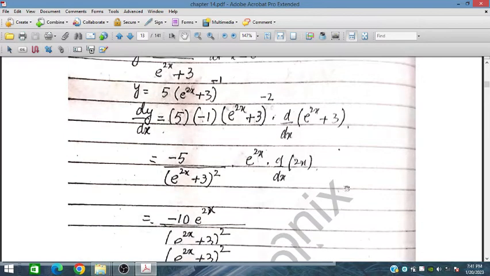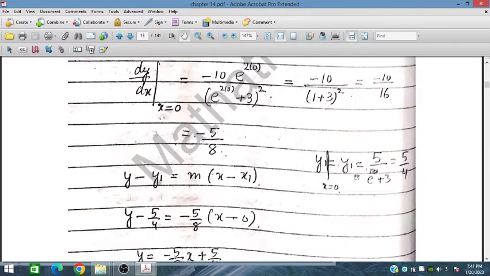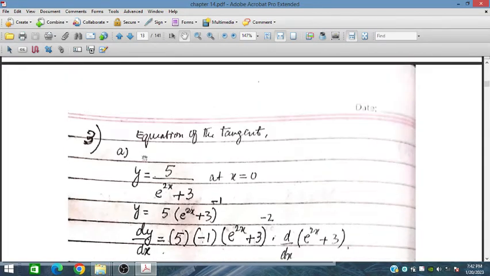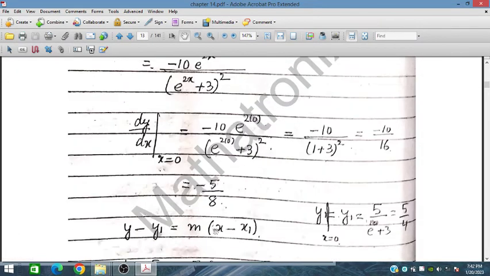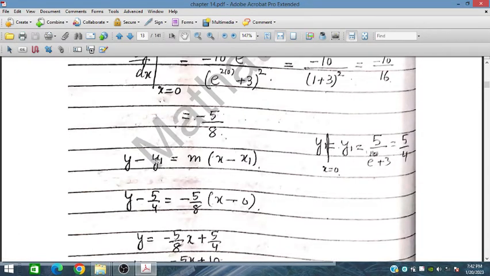At this, y1 is obtained as 5 upon 4 by placing values in this equation. So that will be the y1 passing through this curve.